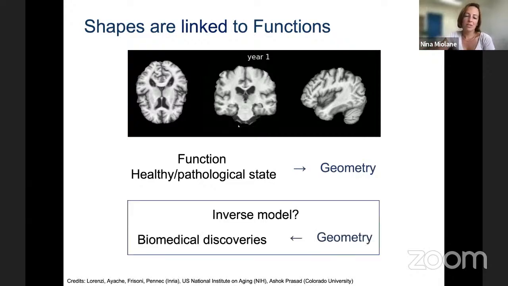But what about going in the reverse way? If we have access to the geometry thanks to these bioimaging modalities, can we use this shape information to make new biomedical discoveries? Can we advance fundamental research in biology and medicine up to the point maybe where we can give automatic diagnosis of the disease of interest?